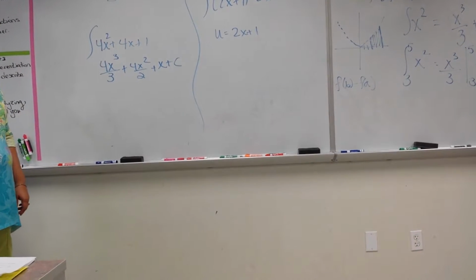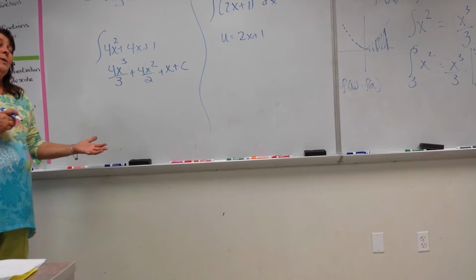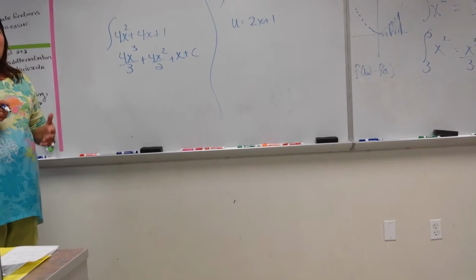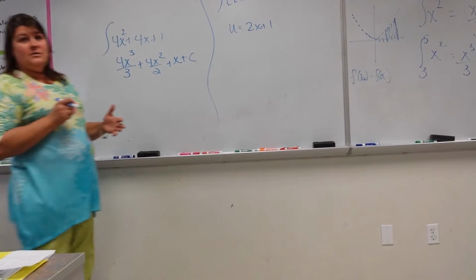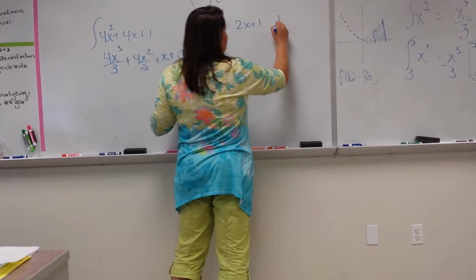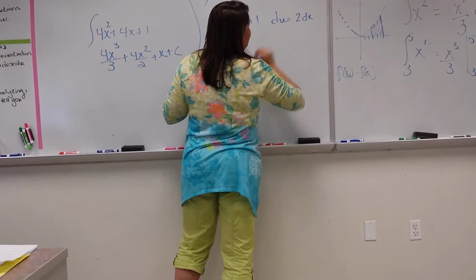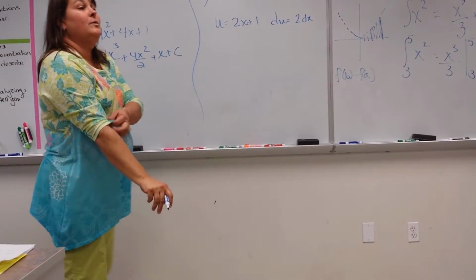So the next thing I need you to do is find du. What does du mean? The derivative of u, of that u that you just named. So du is 2 dx, because it means du over dx equals 2.